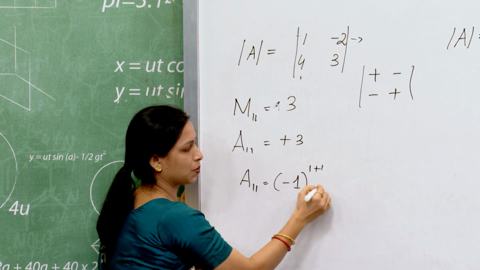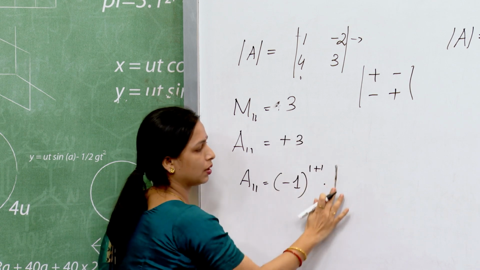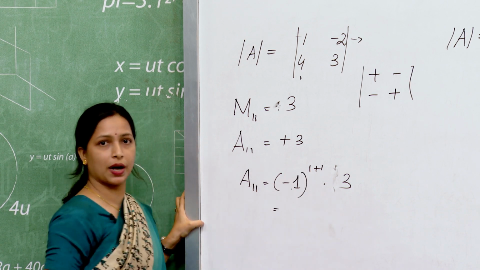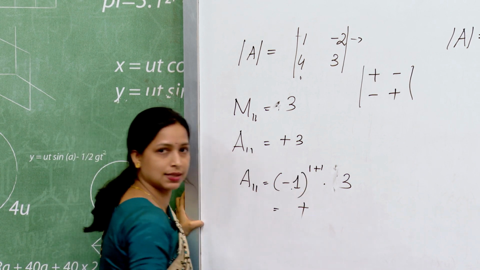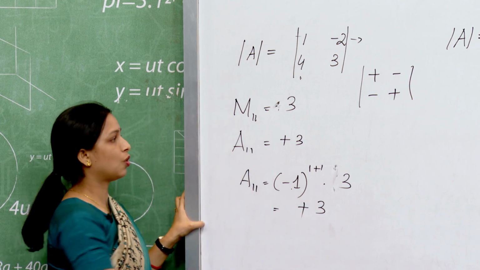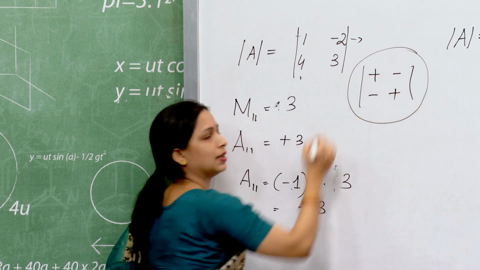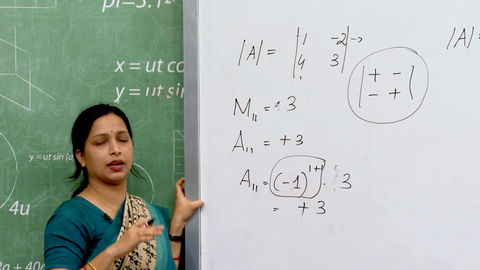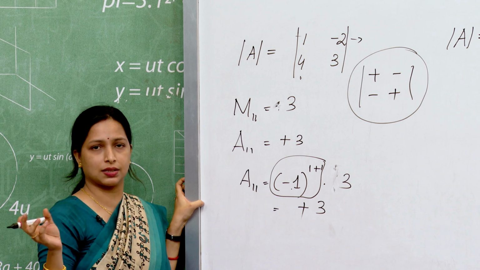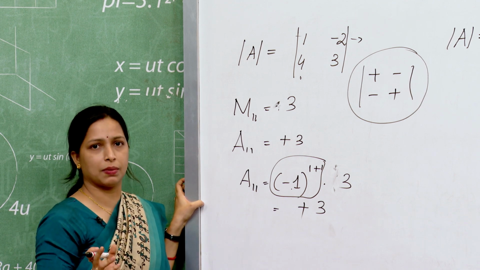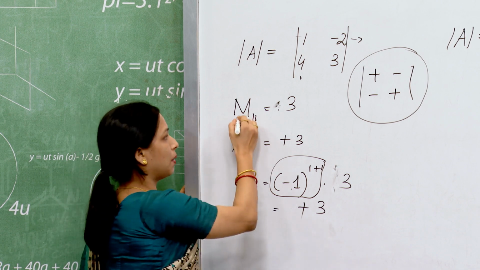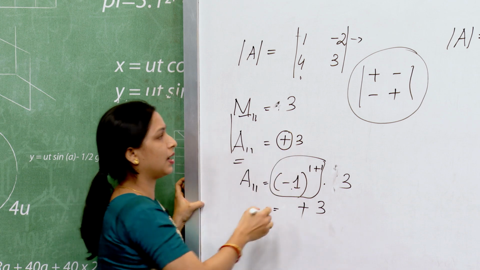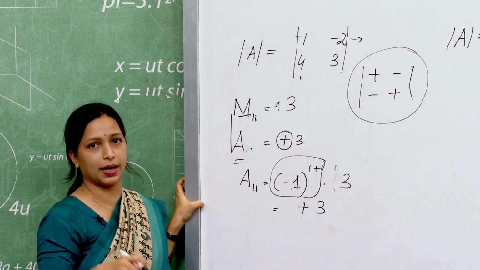So, 1 plus 1 is 2, minus 1 to the power 2, the sign is plus. So, plus 3. Whether we remember this diagram, or this formula, or that if the sum is an even number the position sign is plus, whichever we remember, we must know that the difference between minor and cofactor is just the sign. It may be the same, it may change to minus, right.